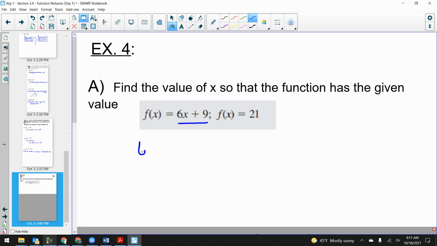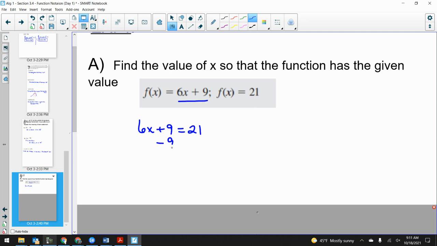So all I have to do is solve that equation. Again, that looks a lot more difficult than it actually is. I'm telling you the function is 6x plus 9. I want it to come out to be 21. So tell me the input value that makes that happen. Well, solve that equation.